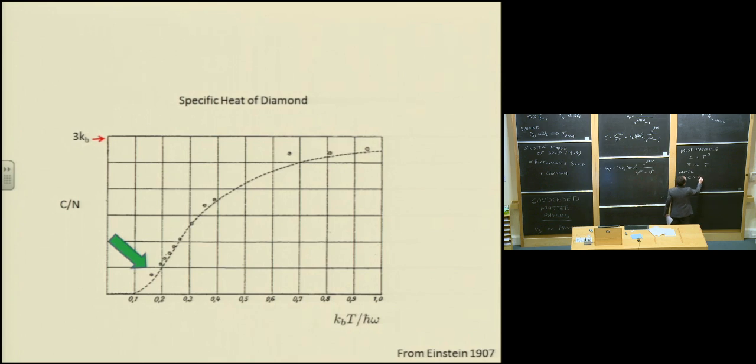It's slightly different, alpha T cubed plus gamma T. But in no case, no material at all, is the heat capacity at low temperature exponentially small, which is Einstein's prediction. The heat capacity never drops as fast as Einstein predicted.